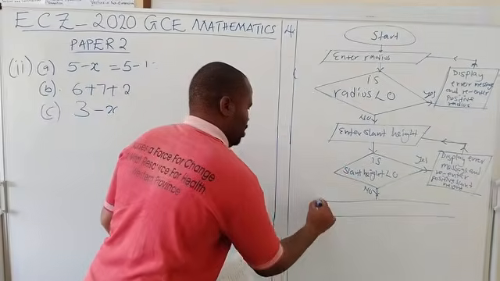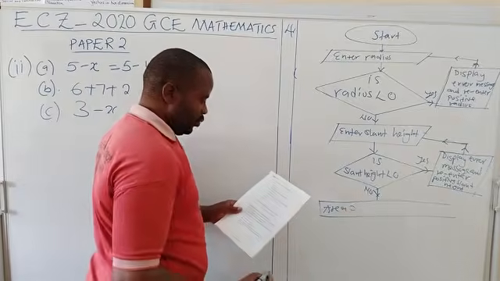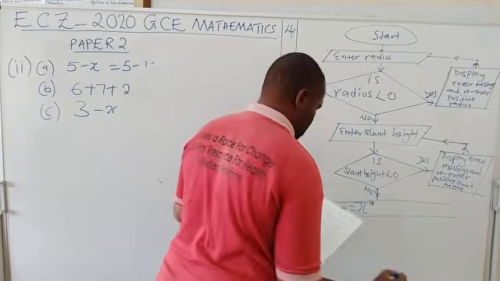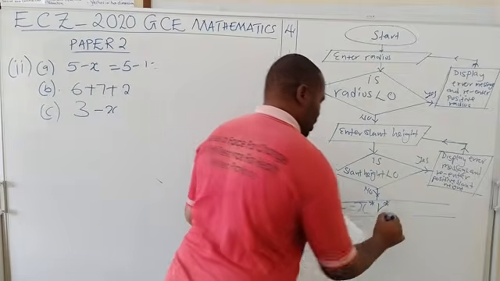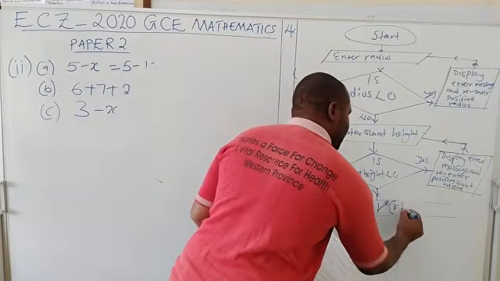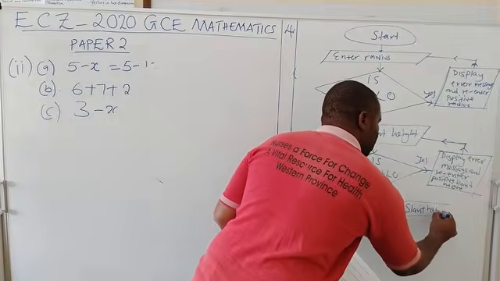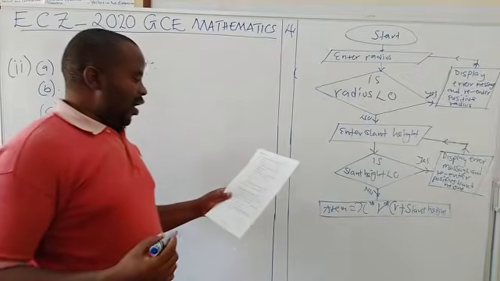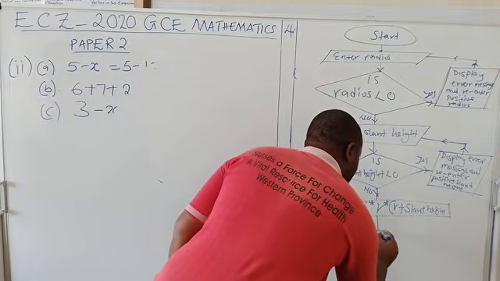Then you say area is equal to pi asterisk radius asterisk open bracket radius plus slant height. And then display area.